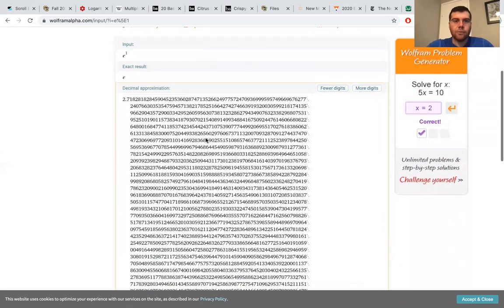In practice, though, when a computer is evaluating these numbers, evaluating e to the something, it's probably just using 2.7182 or whatever level of precision you need. Probably no more than 12 digits are necessary.